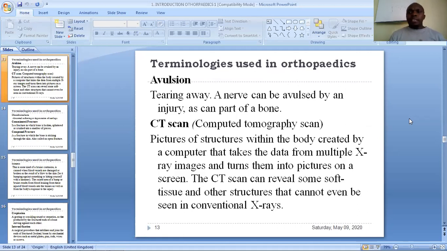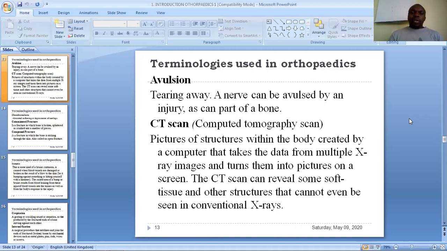I know you must have come across this term avulsion in head injury somewhere else, but here, under orthopedics, we're referring to the tearing away or the separation of certain layers. That would be avulsion. So a nerve can be avulsed, meaning it can be separated by an injury, as can be part of a bone. A bone can also be avulsed by some amount of force or trauma.